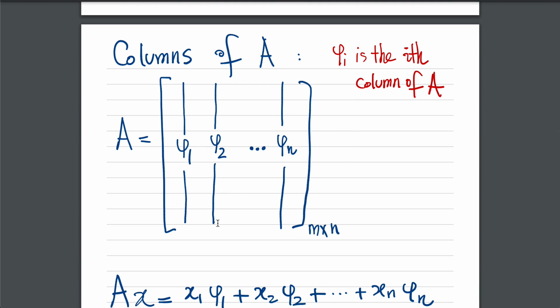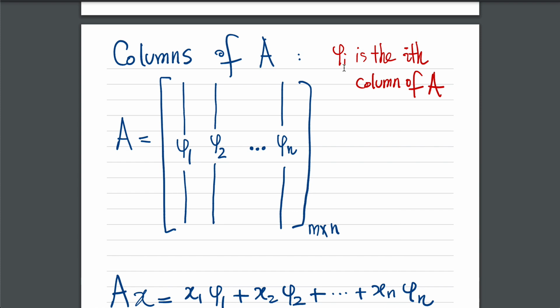So far, we have explicitly defined the rows of A. Now let's look at A in terms of its columns. It has n columns. It had m rows, but here we look at A through the lens of its columns, and we call the first column phi1, the second column phi2, and the last column phi n.